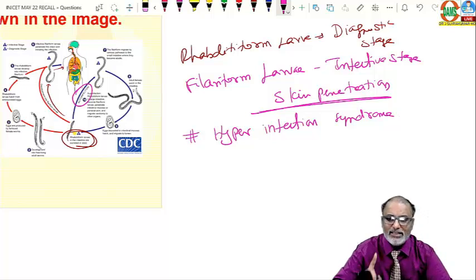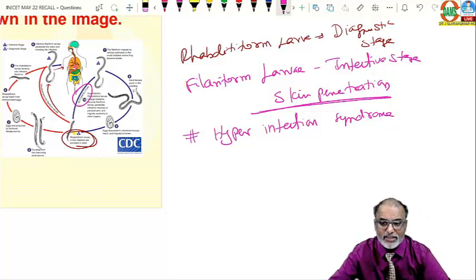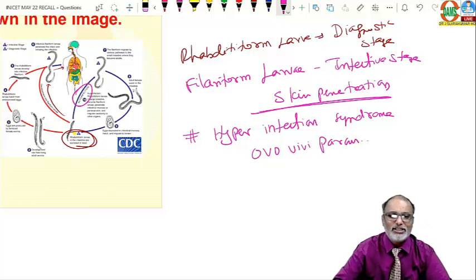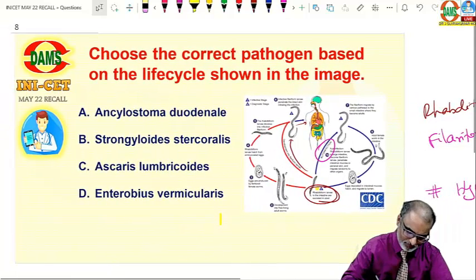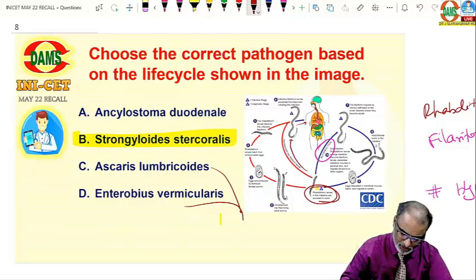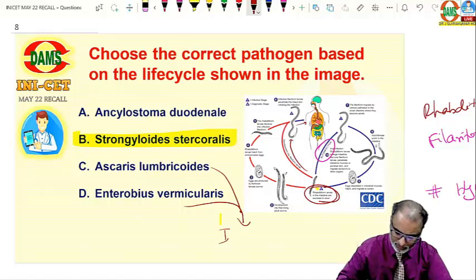And it directly lays the egg, which immediately becomes larva, so man excretes only the larva. It is ovoviviparous. Now you can come to the conclusion easily. It is nothing but Strongyloides stercoralis, because Ascaris and Enterobius vermicularis are transmitted by ingestion.